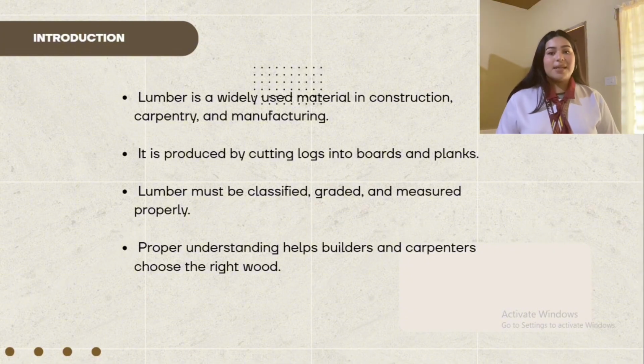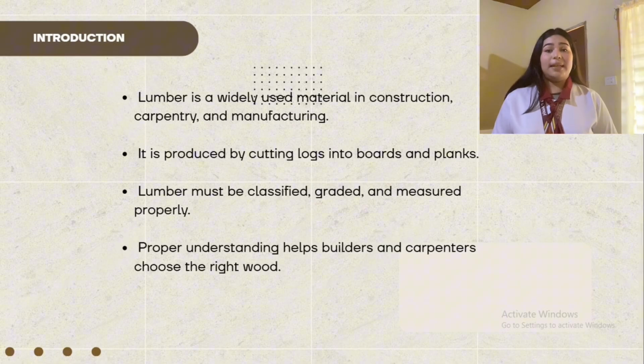Proper understanding helps builders and carpenters choose the right wood. When builders and carpenters understand lumber very well, they can select the best type of wood for their project. In this way, it makes their work stronger, safer, and more efficient.